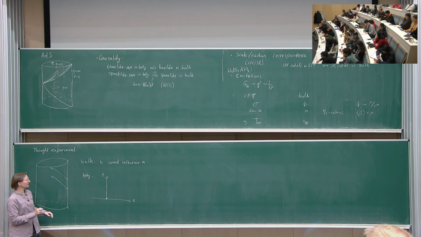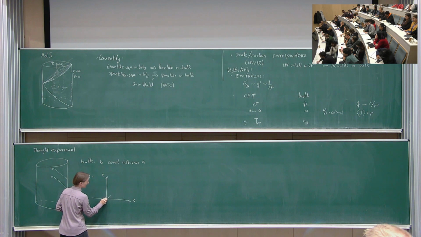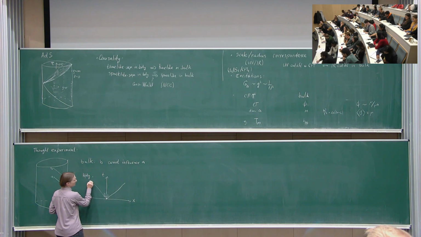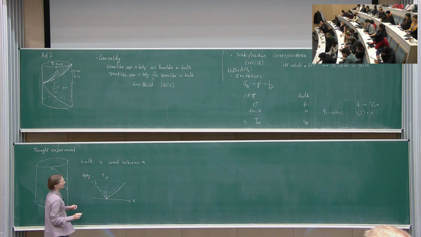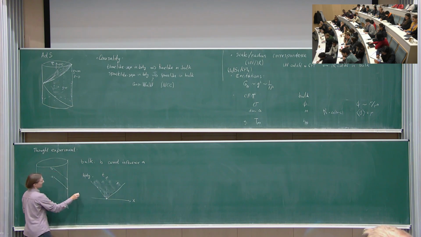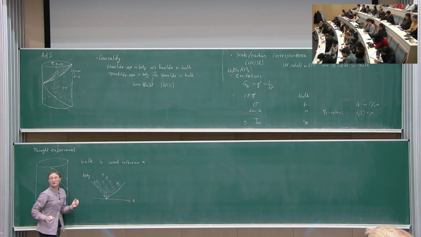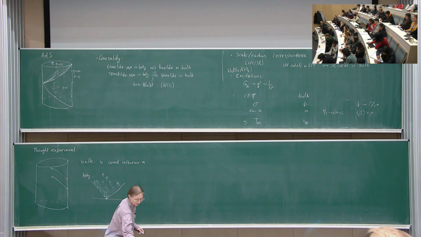And now as time goes on, the particle gets deeper and deeper. So it looks like this excitation is getting smeared out more and more. So you would expect that what's describing particle A is some excitation in the CFT that grows like this.